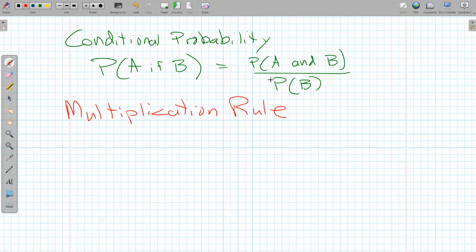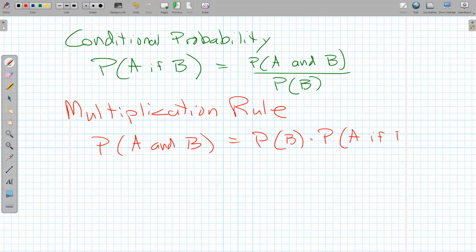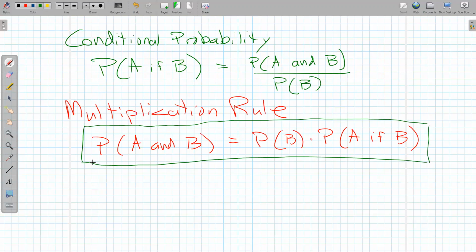If I multiply the probability of B to the other side, then I can state this first: the probability of A and B is equal to the probability of B times the probability of A if B. So we're just going to take a look at the implications of this rule next, if we rewrite the conditional probability fraction as a multiplication.